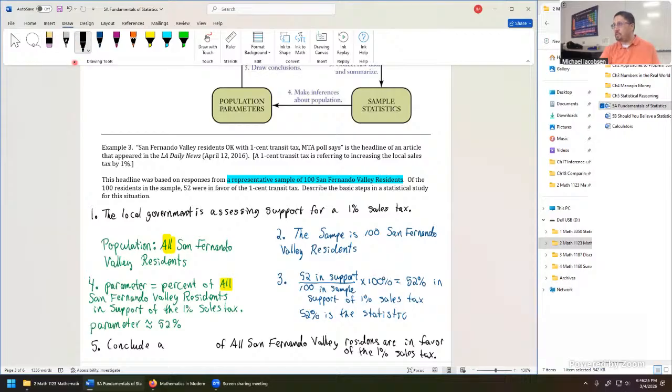Instead of saying majority, which doesn't feel like we're putting down a number specifically, we can say conclude more than half of all San Fernando Valley residents are in favor of the sales tax. Yeah, I like that a little bit better than just saying majority because this is very precise. We have an exact number we're talking about. Majority implies 50%, but this is actually saying it very, very directly.